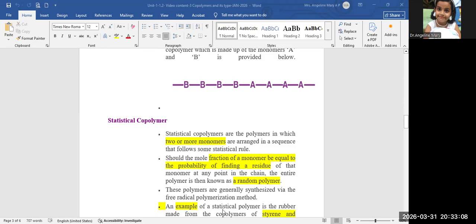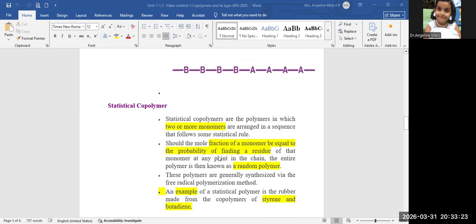The second type of copolymers is the statistical copolymer. These are polymers in which two or more monomers are arranged in a sequence that follows some statistical rule. The rule is that the mole fraction of a monomer equals the probability of finding a residue of that monomer at any point in the chain.